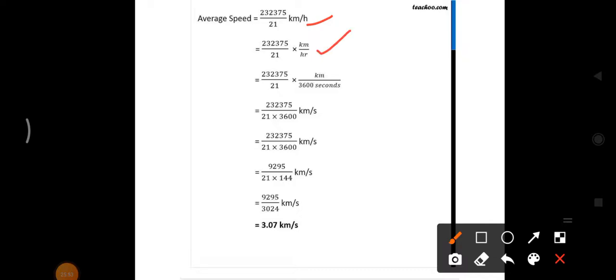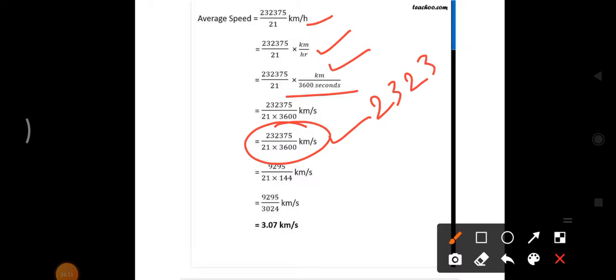So kilometer per hour, instead of hour we will write 3600 second. So when we cancel this value by 5, 2375 by 3600.